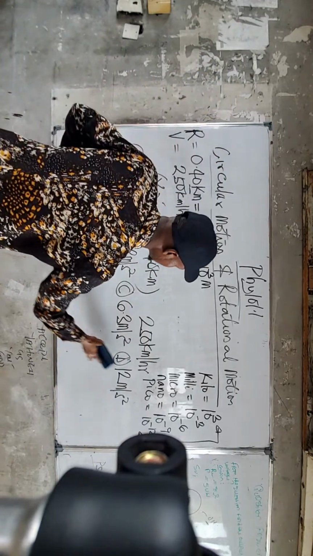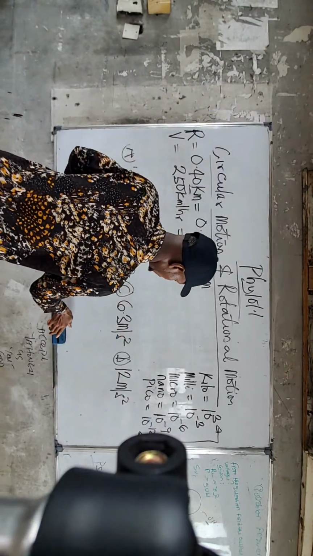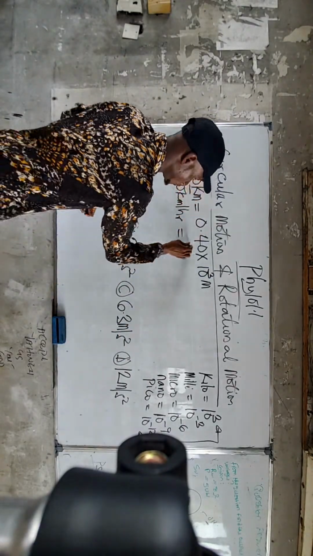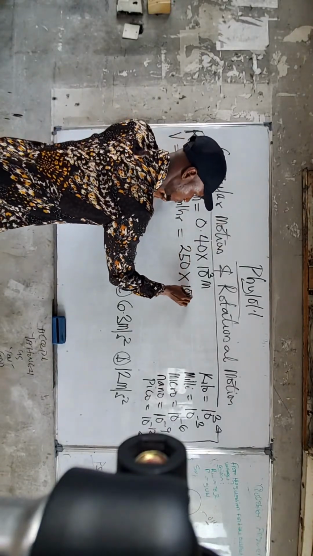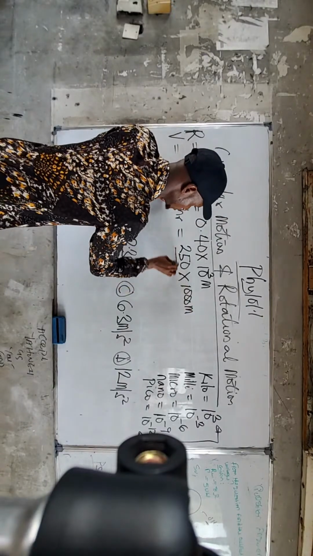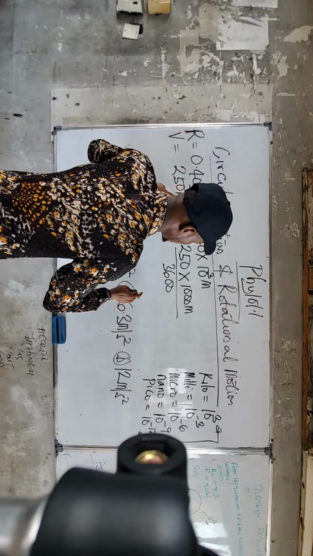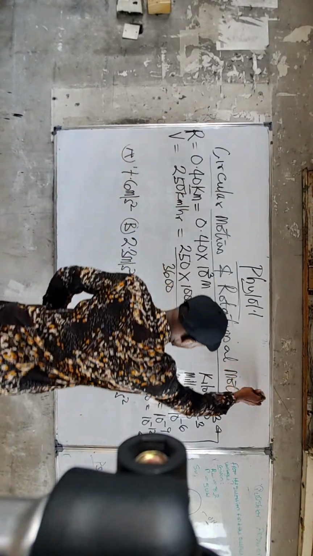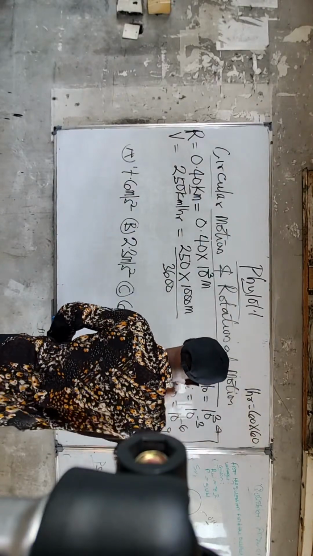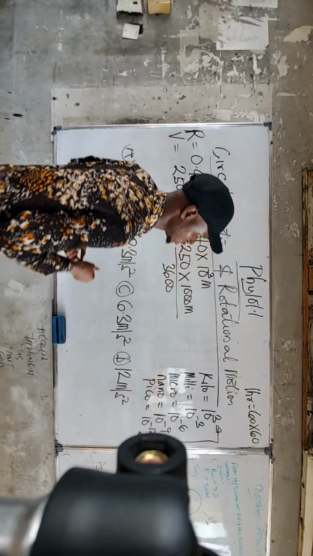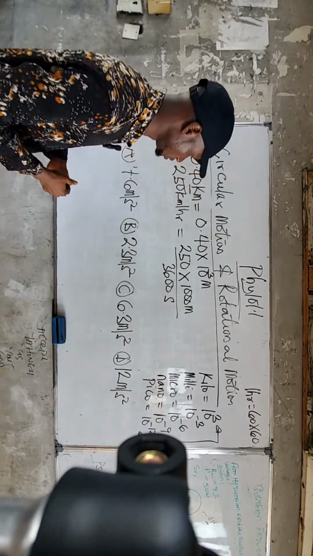So converting these to SI unit, we have this to be 250 times this 1,000, in meter over 3600. We know that 1 hour is equal to 60 times 60 in seconds. Please take note. So I'm going to have 3600, in what? In seconds.